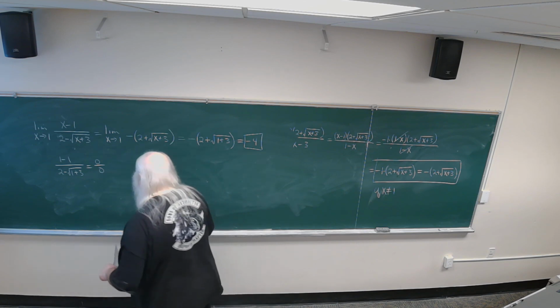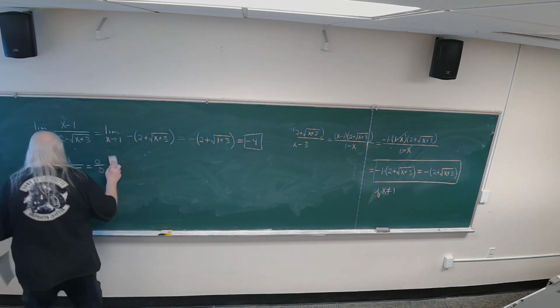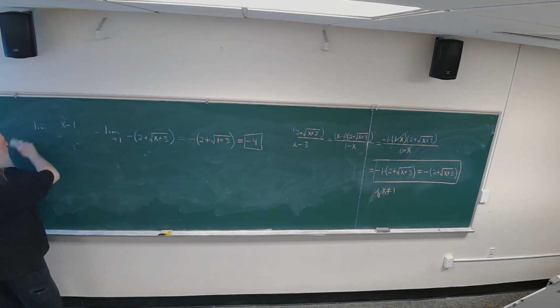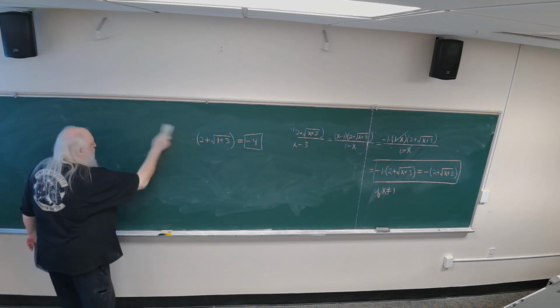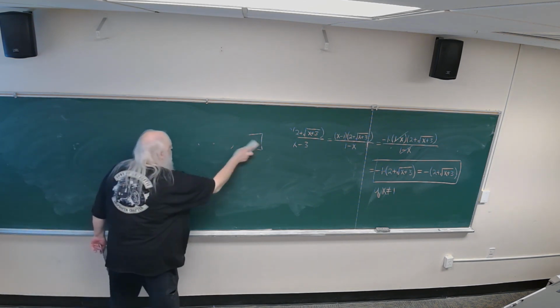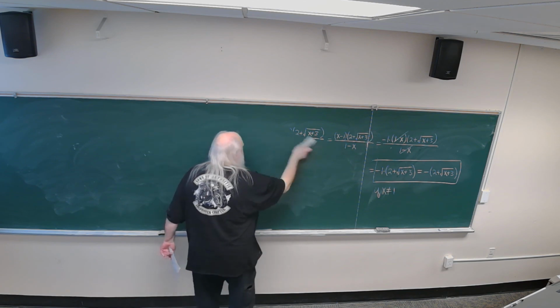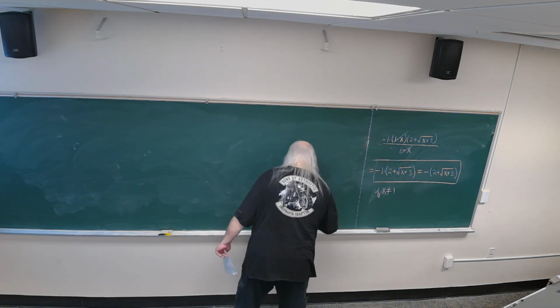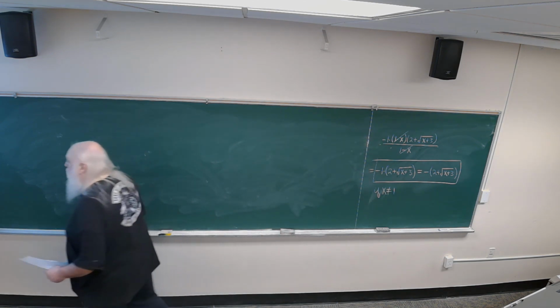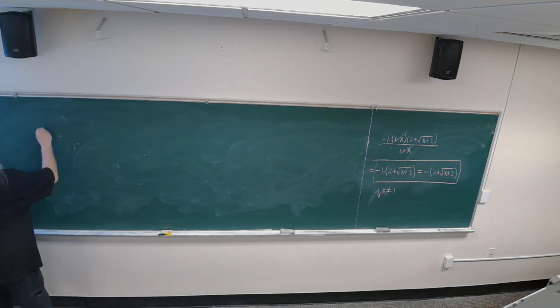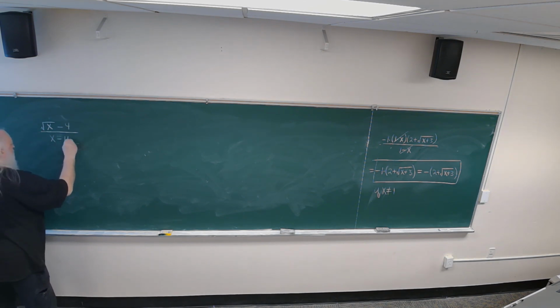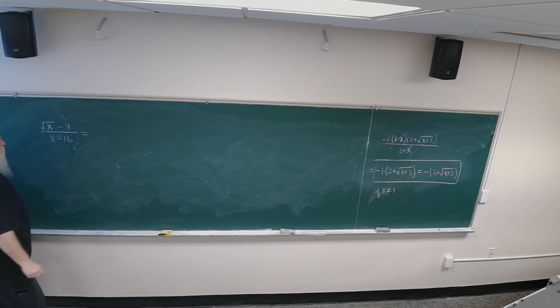Rationalizing the numerator is similar to rationalizing the denominator, except we're getting rid of the square root in the numerator. So we have square root of x minus 4 over x minus 16. So we want to rationalize the numerator, get rid of the square root in the numerator.